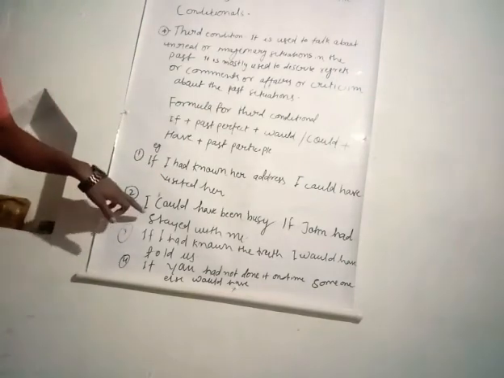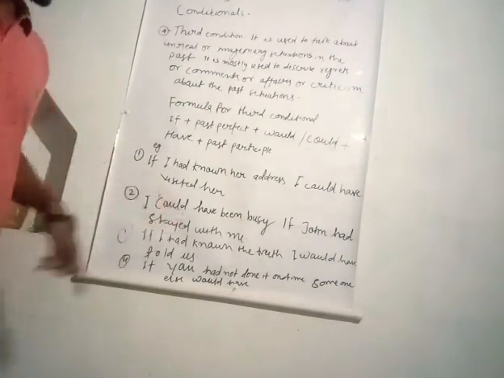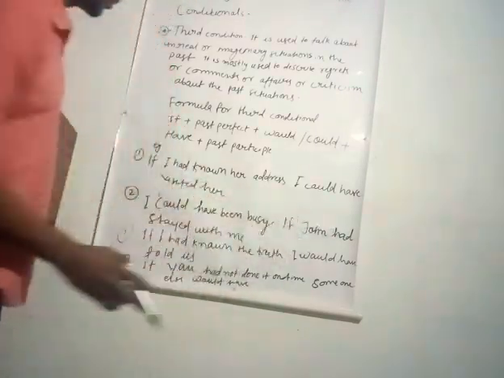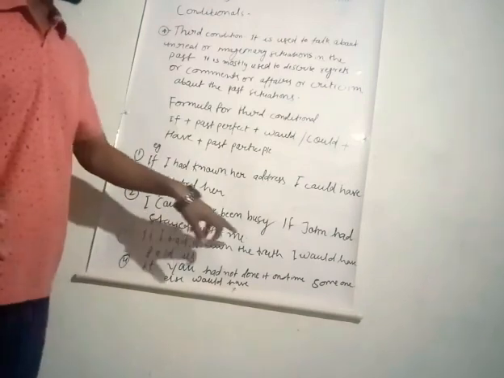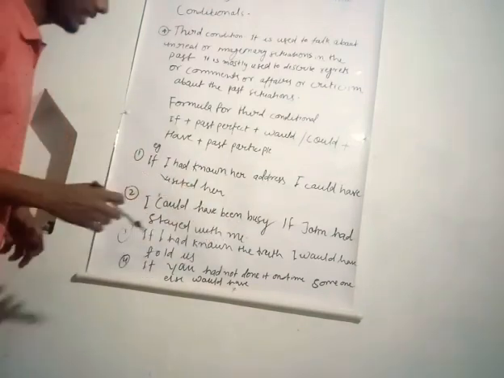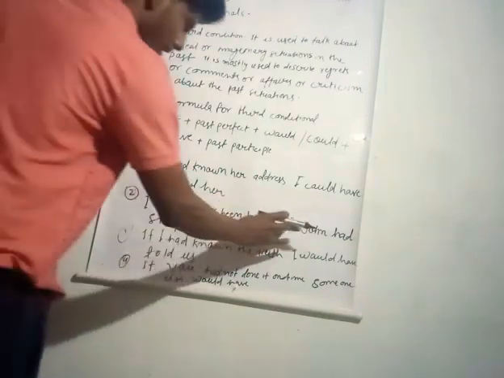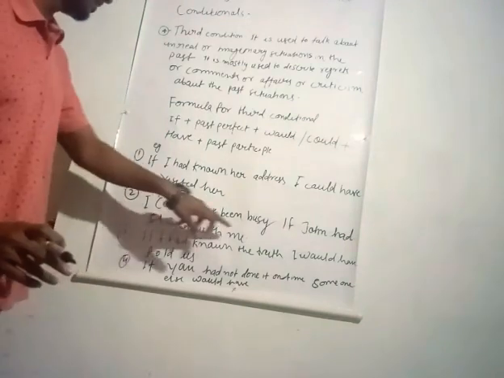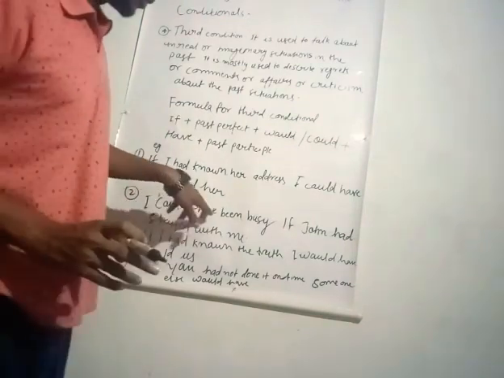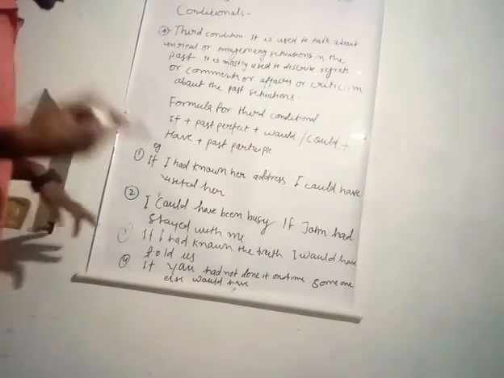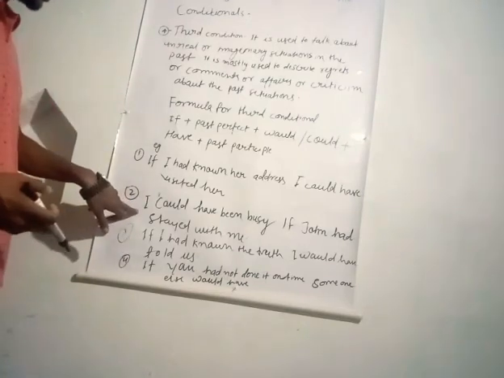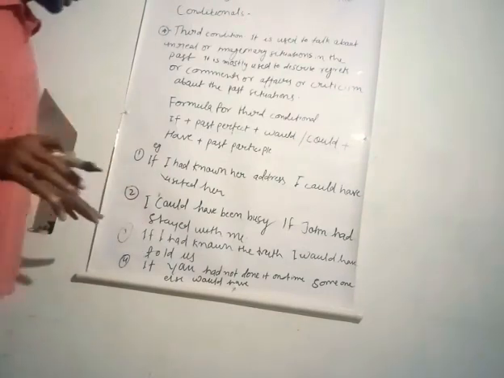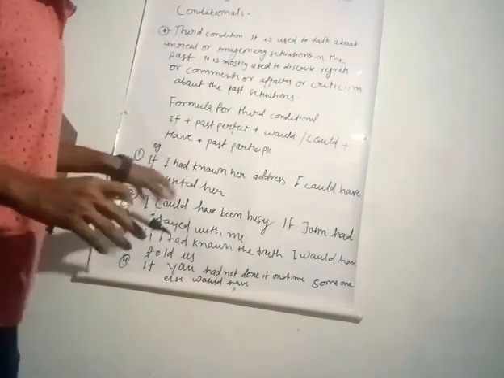If John had stayed with me, I could have been busy. And we can also write this as: I could have been busy if John had stayed with me. So we can write in both manners.